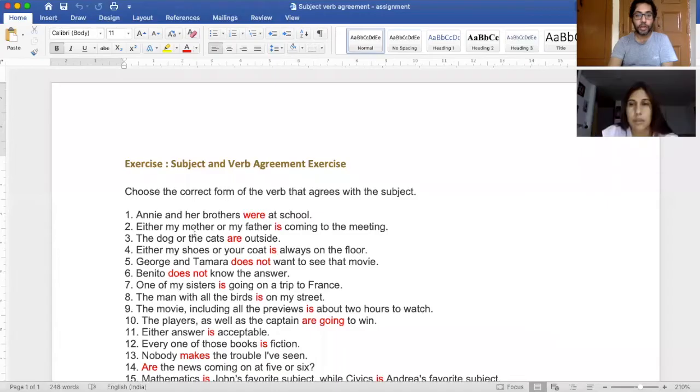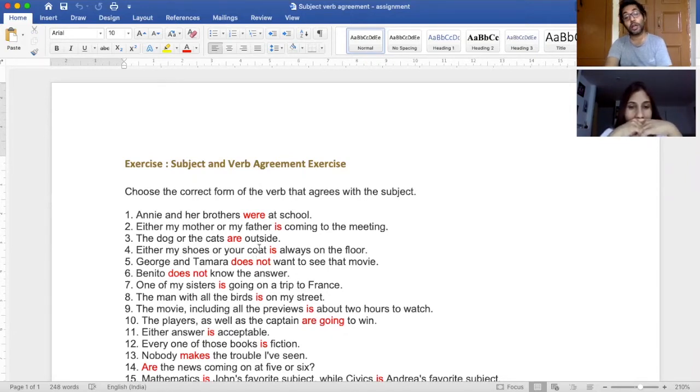So subject verb agreement. Annie and her brothers were. Okay, good. One brother. Either my mother or my father is coming. So one person, right? Dog or the cats are outside. There are two, right? Either my shoes or your coat. This is about one thing. George and Tamara do not.